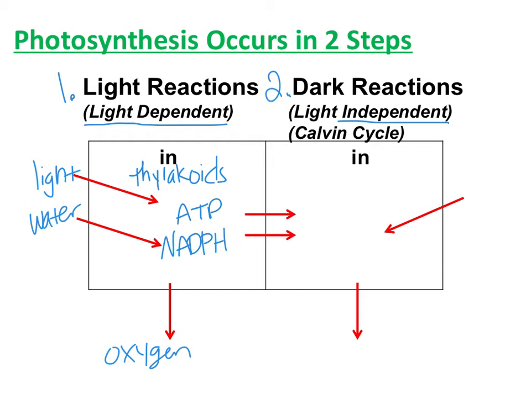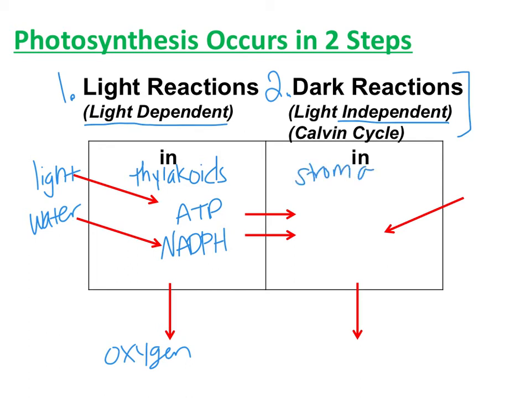Everything in biology goes by many different names, so you can see the dark reactions are also known as the Calvin cycle, named after the scientist who helped to reveal a lot of information about them. The dark reactions occur in the liquid of the chloroplast, which is called the stroma.